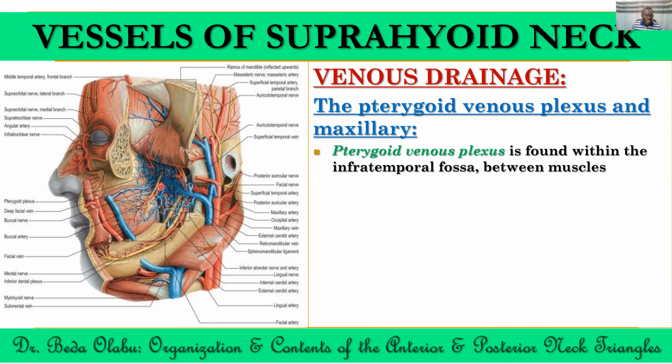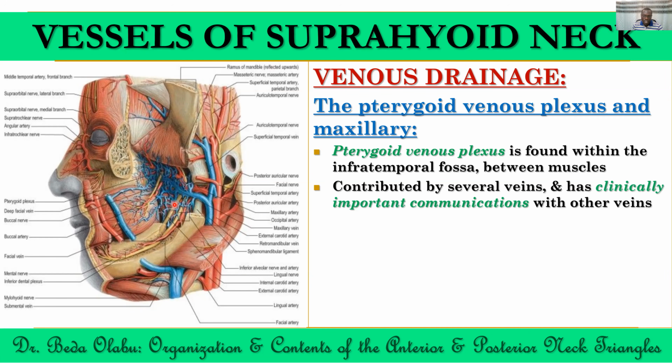So the pterygoid venous plexus is a plexus of veins that is found largely within the infratemporal fossa, between the muscles of mastication. You may find it between the mandible and the lateral pterygoid, and between the lateral pterygoid and the medial pterygoid. The contribution to the pterygoid venous plexus comes from several veins. If you think about most of the branches of the maxillary artery, the accompanying veins actually drain into the pterygoid venous plexus, most of them.